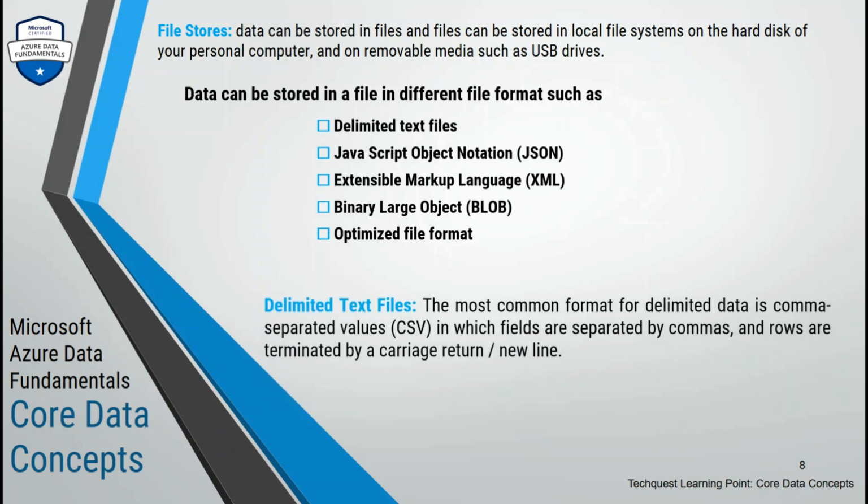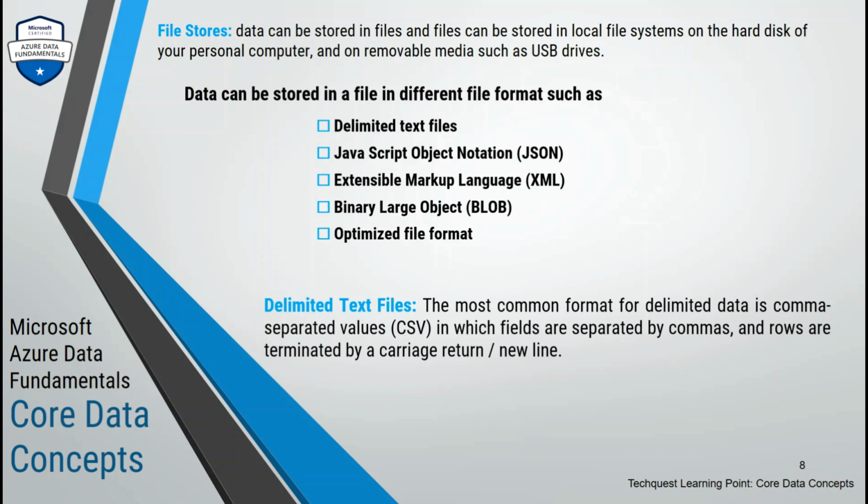Delimited text file. The most common format for delimited data is comma separated value, CSV, in which fields are separated by commas and rows are terminated by a carriage return or new line. Optionally, the first line may include the field names.